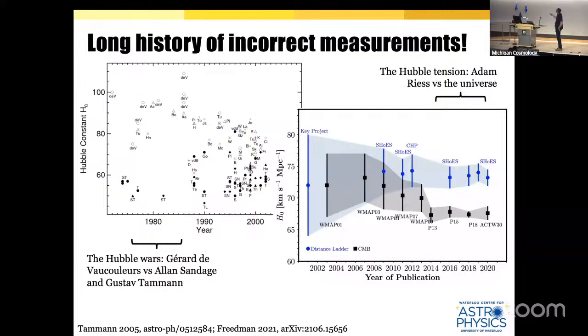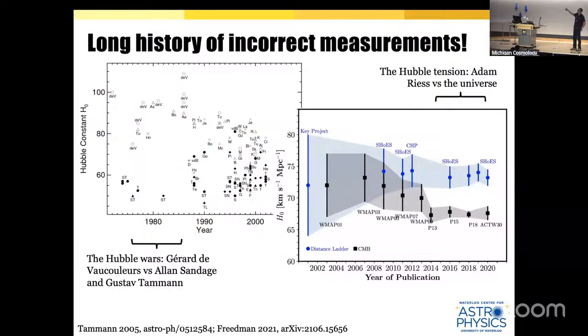We had Sandage and Tammann claiming it was 60, and both using similar techniques, fighting vehemently about it. And then the HST came in, Wendy Freedman did her analysis, and the Hubble parameter came down in between the two groups. War never leads to a winner. And we ended up with the Hubble parameter of around 72.